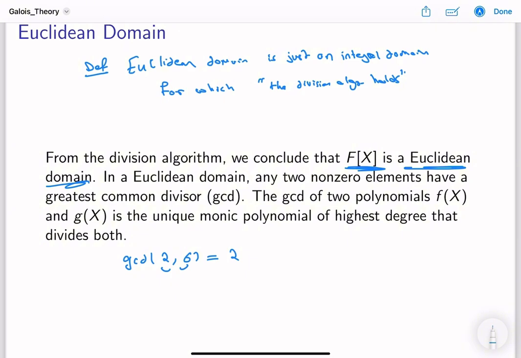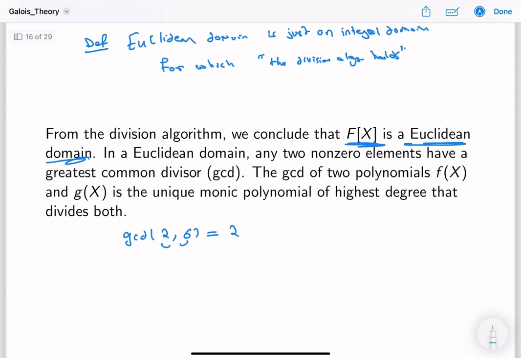So you ask yourself a question: can we have a GCD of two polynomials? The answer is yes, but let me just give a formal definition, and then I'm gonna tell you why. So here's a definition.